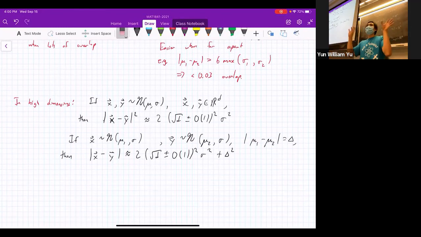But basically, if your distances are far enough apart, then you can separate them out nicely because you have these tight bounds on the pairwise distances between points that are within the cluster or that are not within the cluster. So if 2 points are within the same distribution, then their distances will be very tightly bounded. If they're in different clusters, their distances will also be tightly bounded.